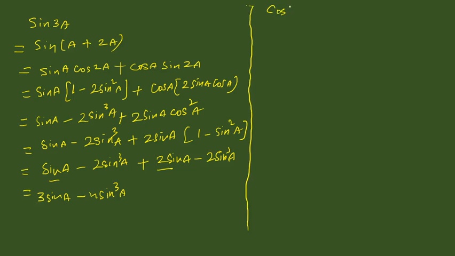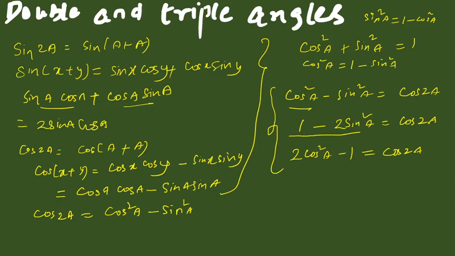Now I would like to take cos 3A. Cos 3A can be written as usual as cos of A plus 2A. Here we are going to apply the formula cos A cos 2A minus sine A sine 2A. Now listen carefully. For this cos 2A formula, from the previous slide we have three.